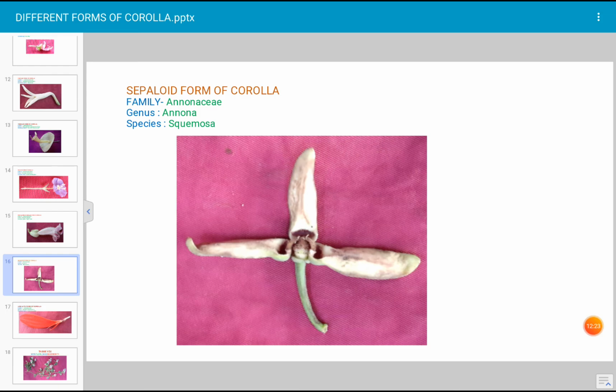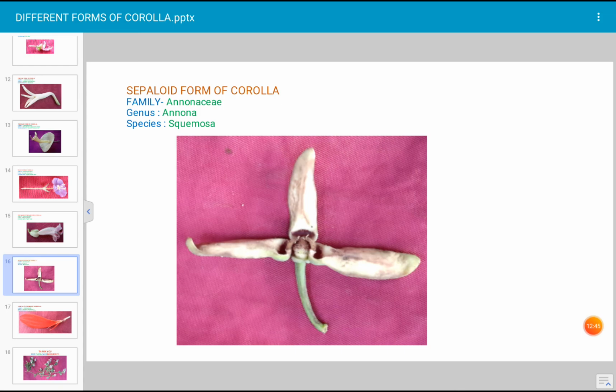This is sepaloid form of corolla. Sepaloid means sepal-like. What is sepal? Sepal is the unit of calyx. The corolla which resembles the sepals of the calyx. Okay, sepal-like. It is green in color. Most plants have a green calyx, that means the sepals are green in color.